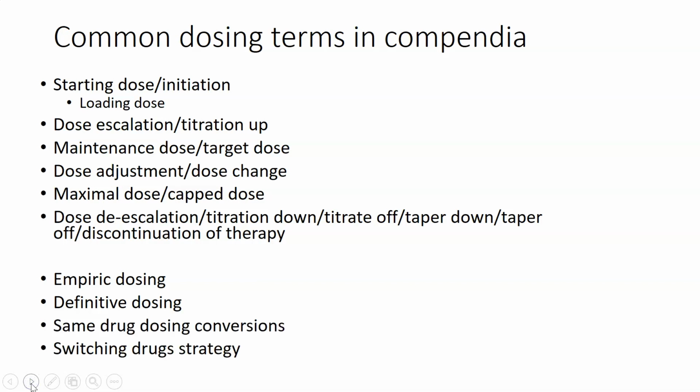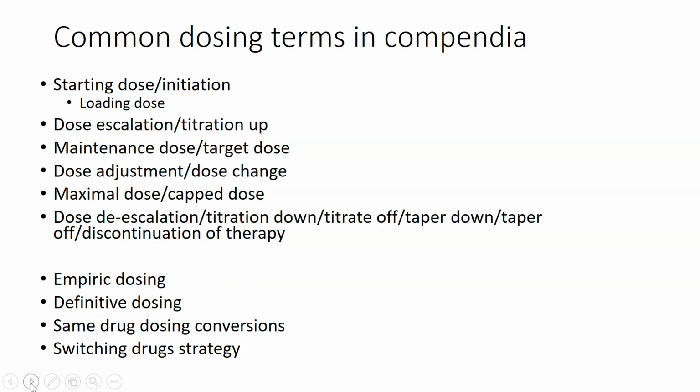And a couple other special situations that you will encounter that I wanted to point out to you is some drugs do have those additional dosing forms, like the long-acting forms or different salt forms. And so in the compendia, sometimes under the general monograph, you will see recommendations for drug dosing conversion.